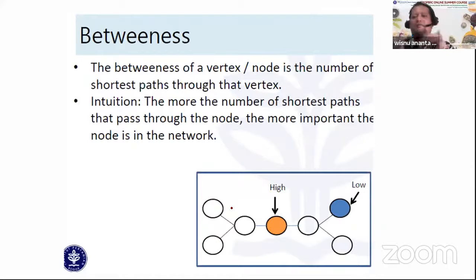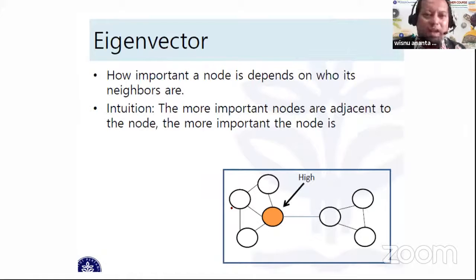So if you, for example, are a node that can bridge, connect two groups, then you are important. You are important for these two groups. Then eigenvector: the more important the nodes adjacent to a node are, the more important the node is.